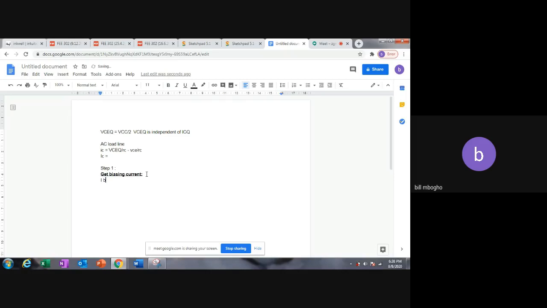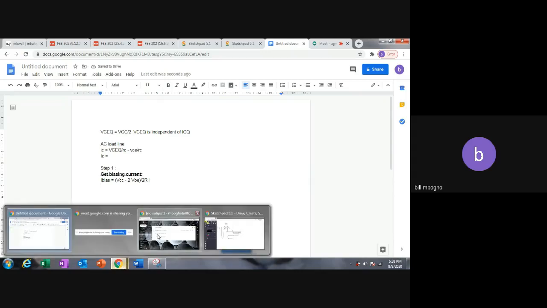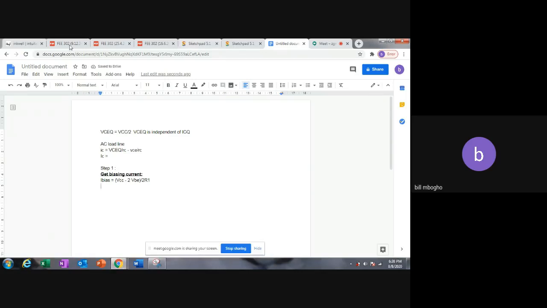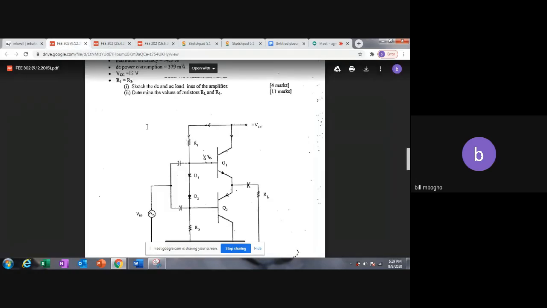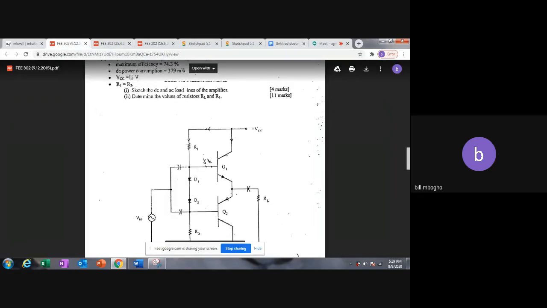I bias is equal to VCC minus 2 VBE over 2 R1. And our VCC we've been given is 15 volts.